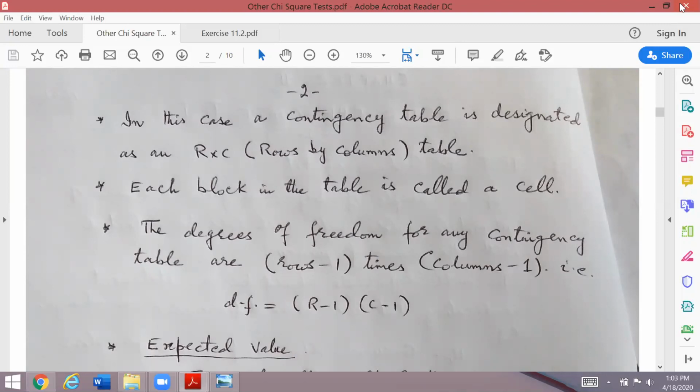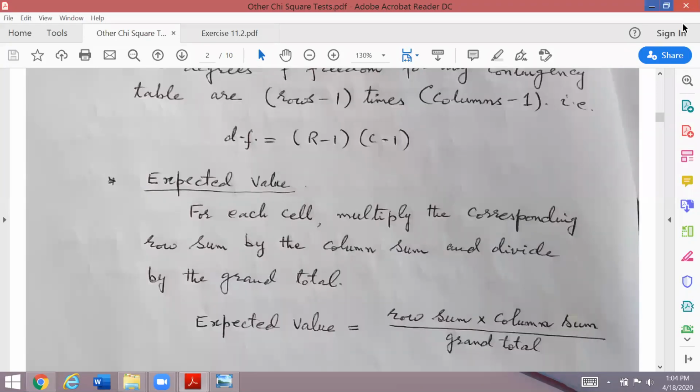Next is the expected value. Again, the formula is different to find the expected value. In the last exercise 11.1, where you studied the goodness of fit test, you had been finding the expected values in a variety of styles. If it was equally distributed, then you just took the average of all the categories.